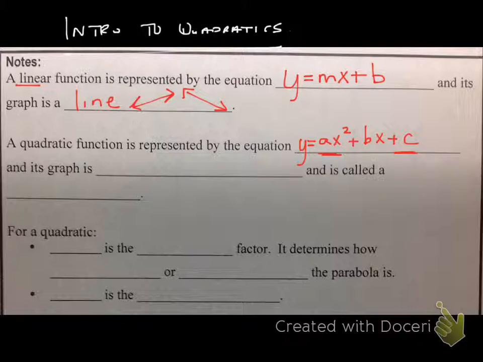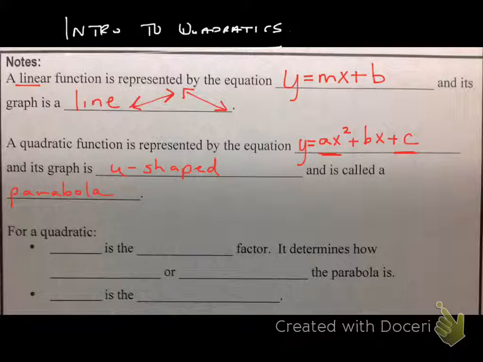We're going to generally leave out bx a little bit, but it's good to know. Its graph is U-shaped, and again, this should be reviewed, and is called a parabola.